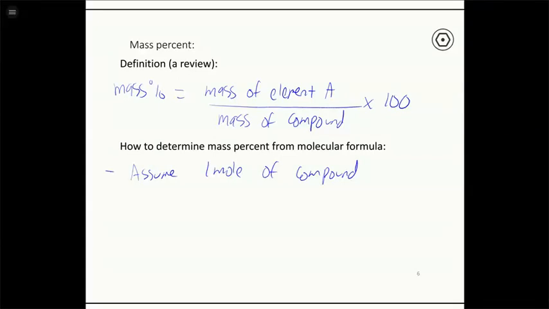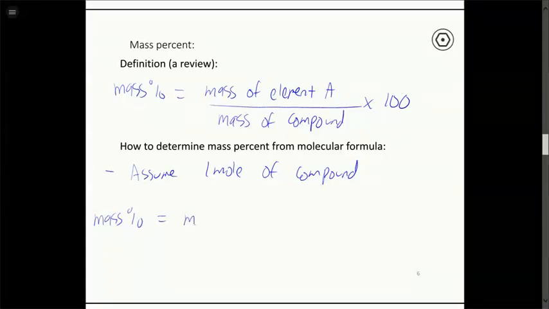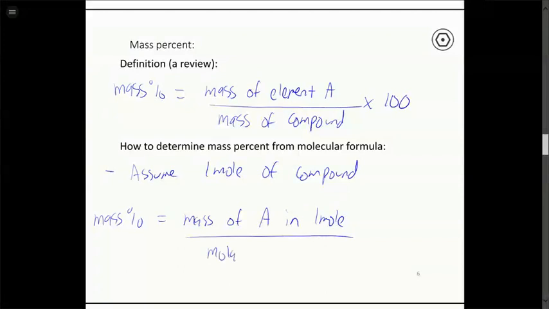So if we assume that we have 1 mole of compound, we can calculate the mass percent by using the molar masses. So we take the mass of the element A that we're interested in, that's in 1 mole of that compound, and we divide that by the molar mass of the compound. And then if we want to get percent, we multiply by 100.